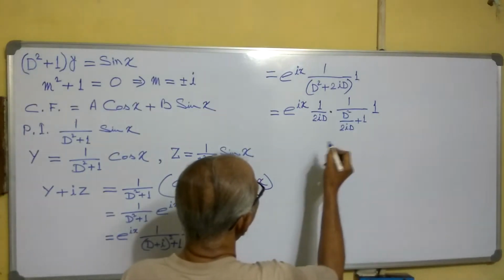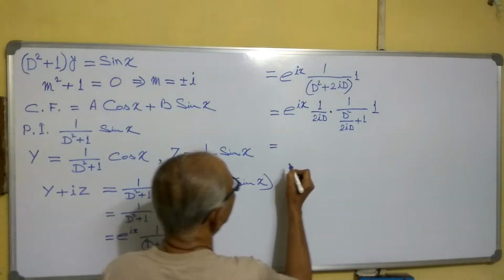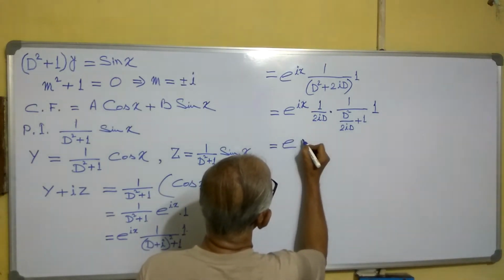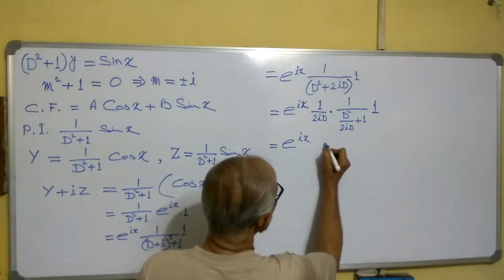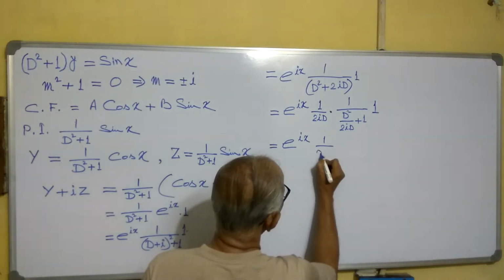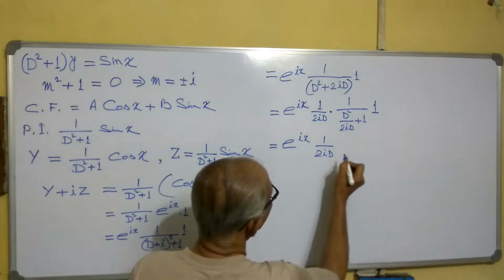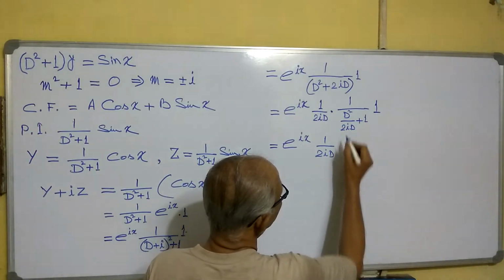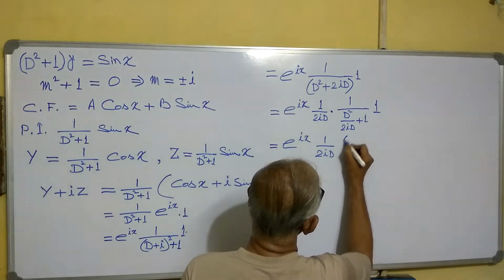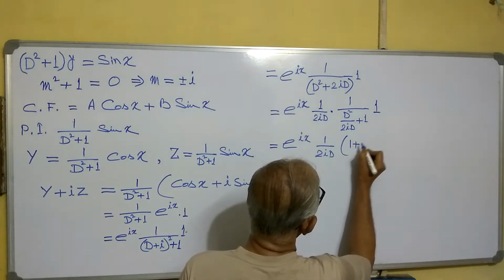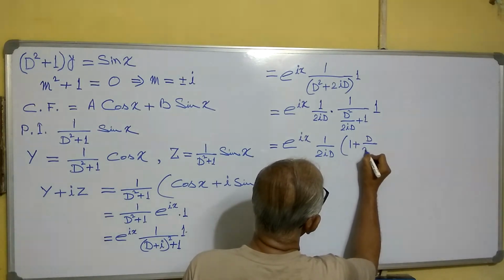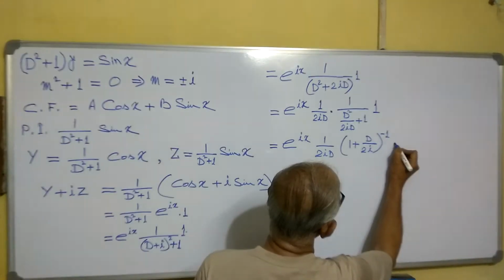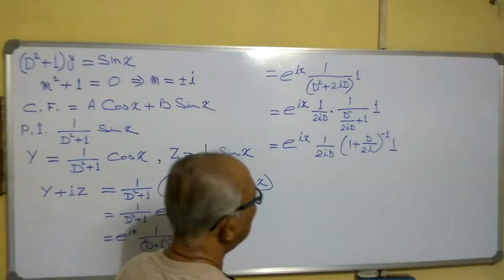Now this can be written as e to the power ix, 1 by 2iD. This D square by 2iD will become D by 2i. We can say 1 plus D by 2i whole to the power minus 1, of 1.